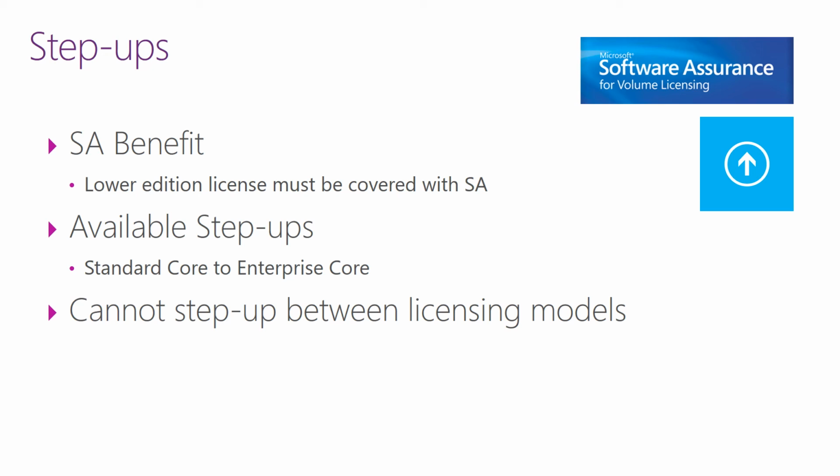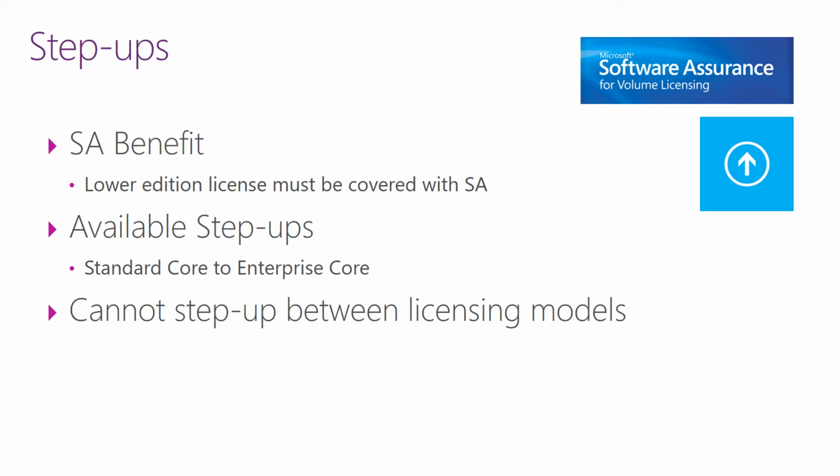Well, what a step-up means is that you don't have to just forget about those Standard Core licenses you've already purchased. Instead, you can buy a step-up license that is effectively the difference in price between the Standard Core licenses with SA and the Enterprise Core licenses with SA. So rather than buying full-priced Enterprise Core licenses, you can pay just the difference above what you've already paid for those Standard Core licenses.